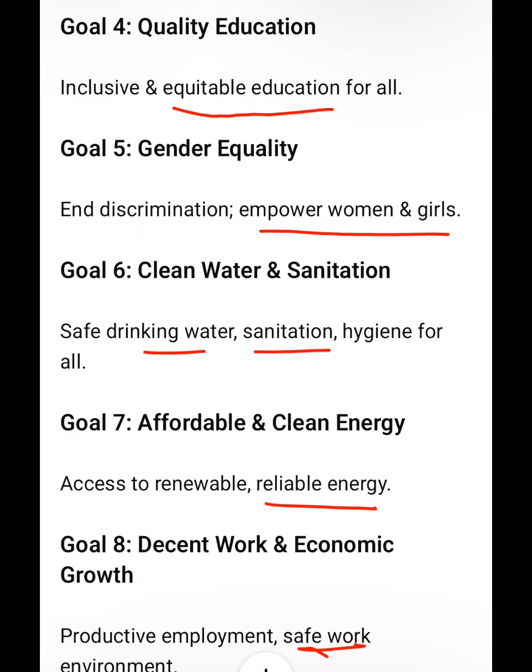Goal 5, gender equality: end discrimination and empower women and girls. Goal 6, clean water and sanitation: safe drinking water, sanitation and hygiene for all. Goal 7, affordable and clean energy: access to renewable, reliable energy. Goal 8, decent work and economic growth: productive employment, safe work environment.